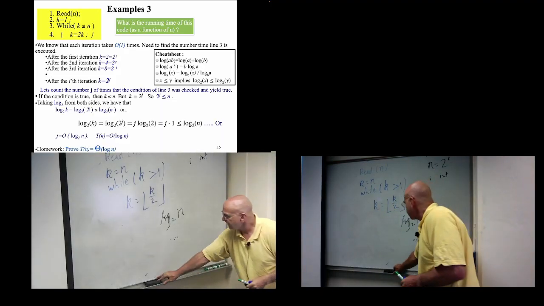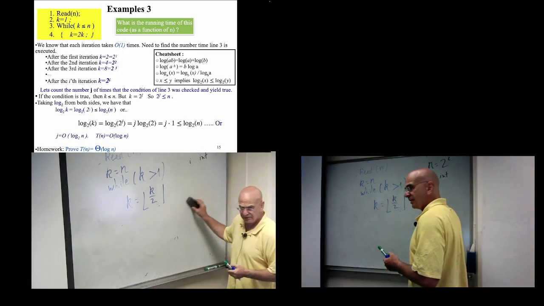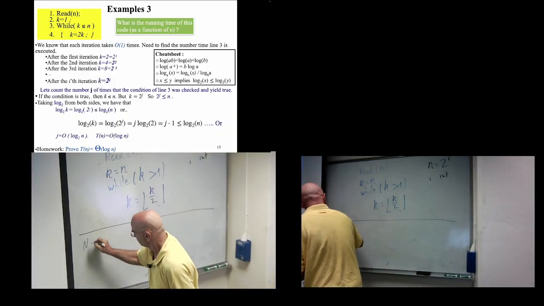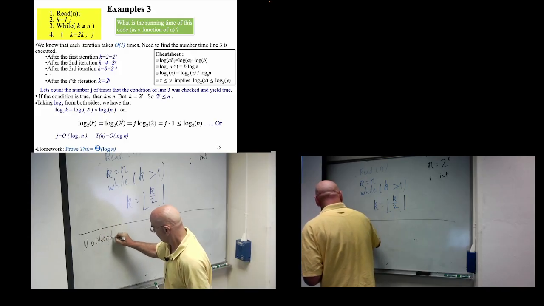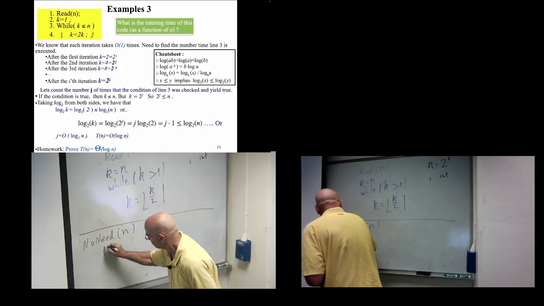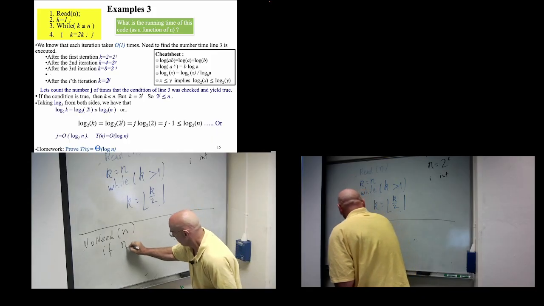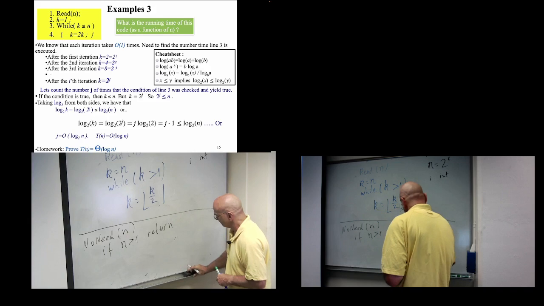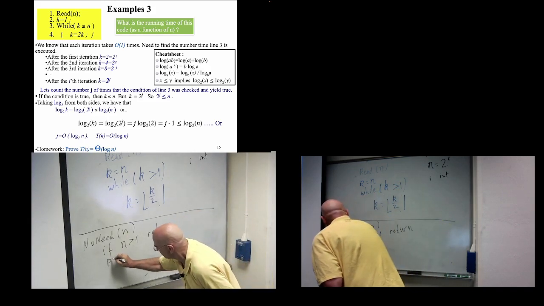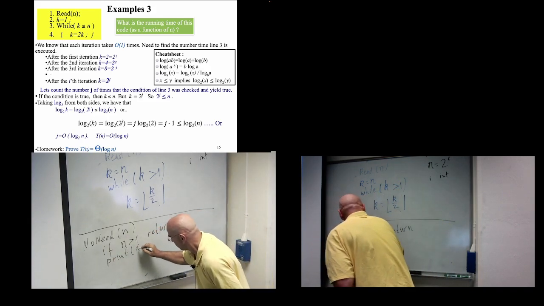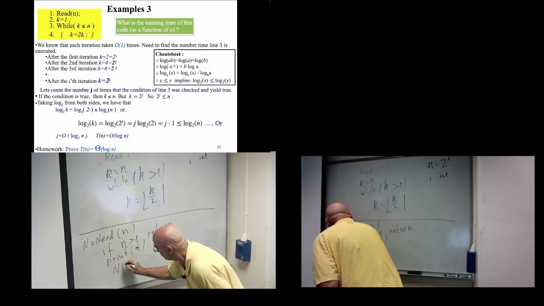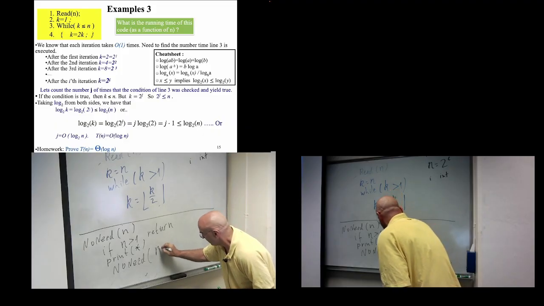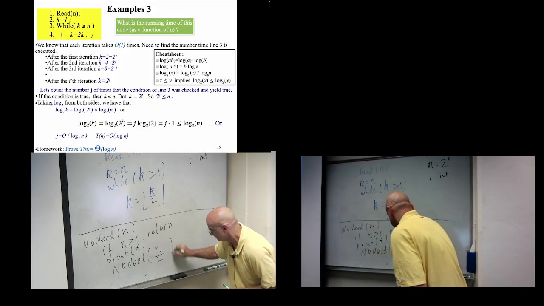Okay, I can also write the same code just in a recursive way. If n is not larger than 1, then return. Else print star and call with n divided by 2.